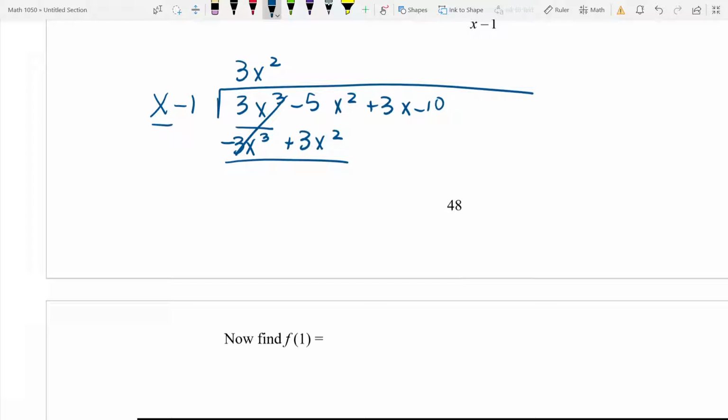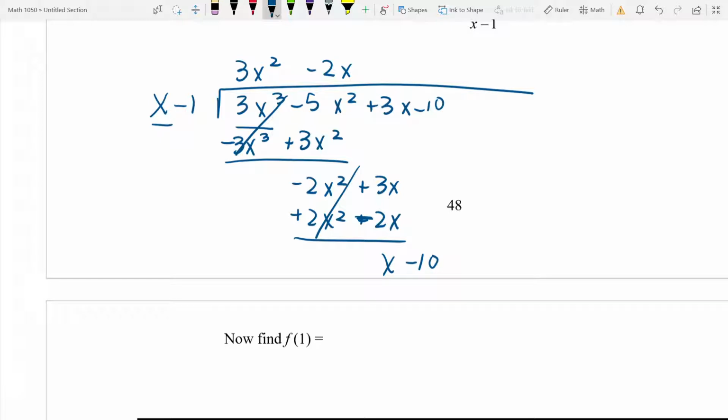A negative 5 and a positive 3 is a negative 2x squared. Bring down the 3x. What do I multiply by x to get a negative 2x squared? That's a negative 2x. Distribute, and you get negative 2x to the second plus 2x. Change your signs. First terms cancel. 3x minus 2x is 1x.